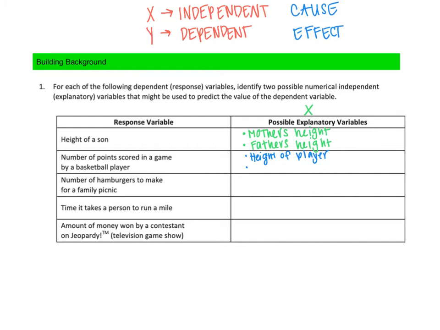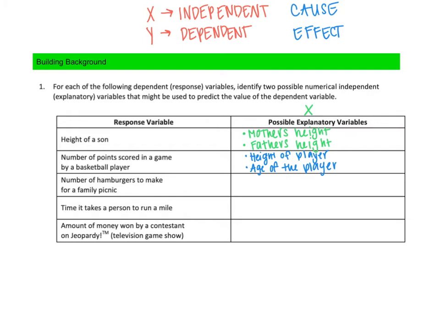And then maybe the age of the player. If you're watching young kids play basketball, like second graders, they're probably not going to score many baskets, right, when they're playing a game. If you're watching sophomores in high school play basketball, they're probably going to score more baskets, okay?